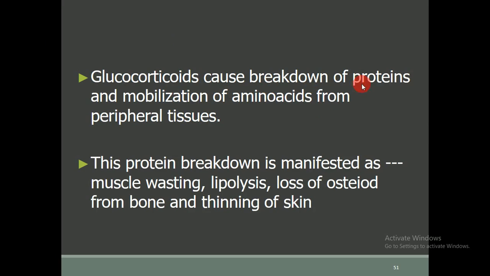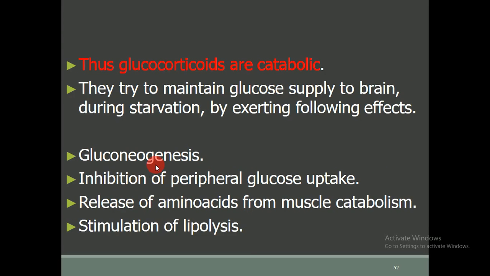Glucocorticoids cause breakdown of proteins and mobilization of amino acids from the peripheral tissues, and this protein breakdown is manifested as muscle wasting, loss of osteoid from the bone, and thinning of skin can occur. Thus, glucocorticoids are catabolic.